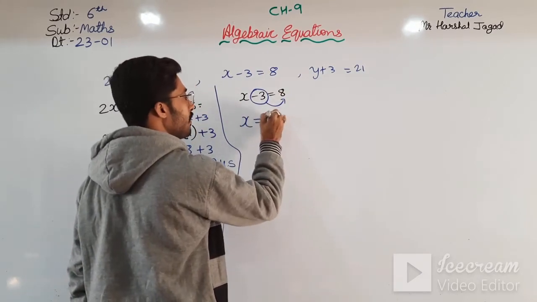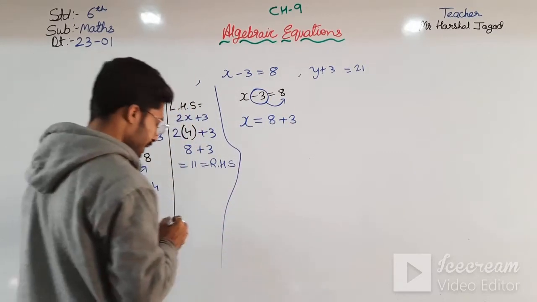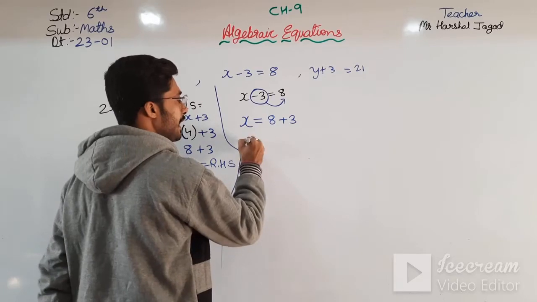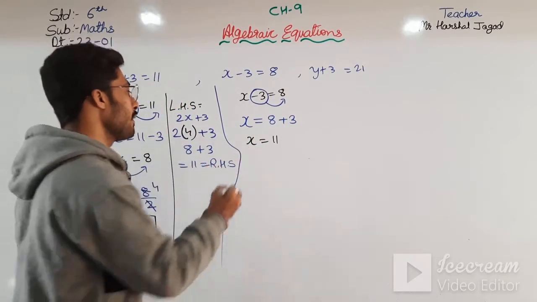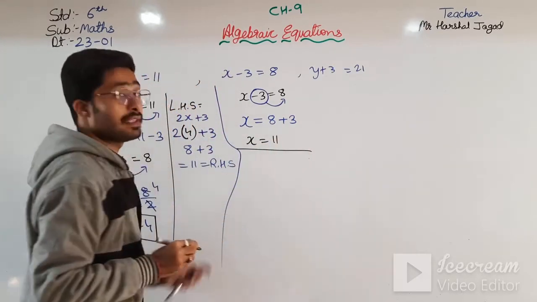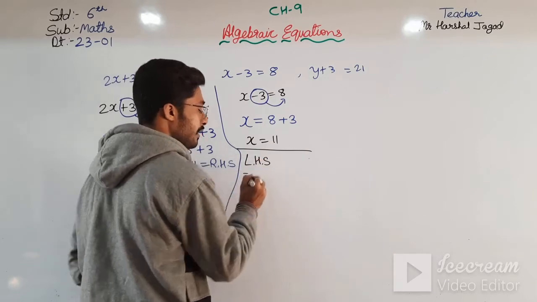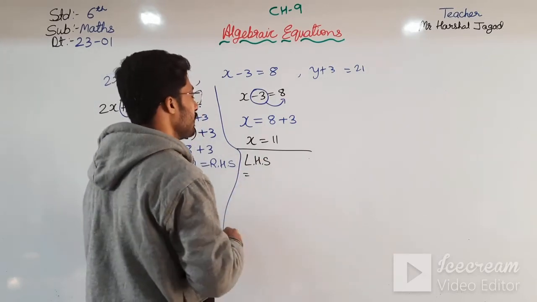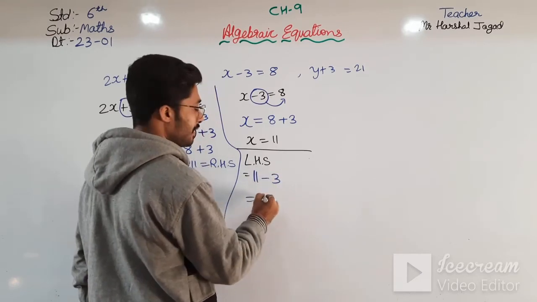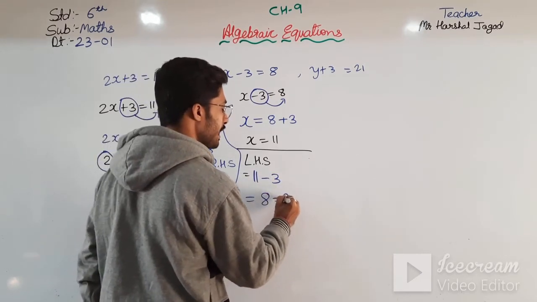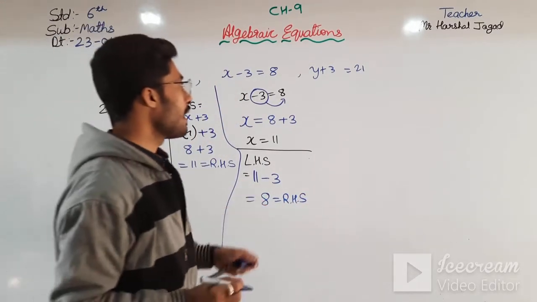So x is equal to 8 plus 3, that is x is equal to 11. Okay, so if I put the value of x in the LHS, LHS is equal to 11 minus 3. So 11 minus 3, that is 8, is equal to RHS. Okay students, LHS is equal to RHS.